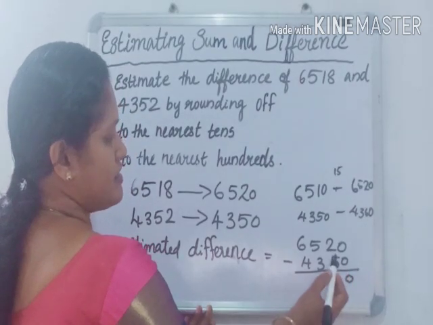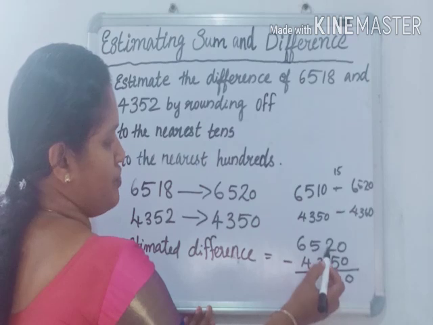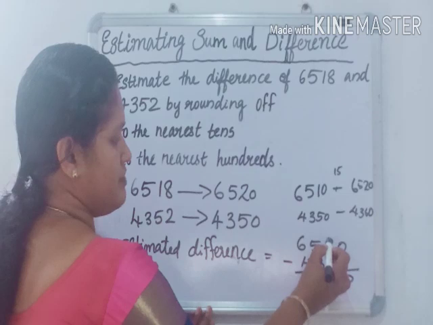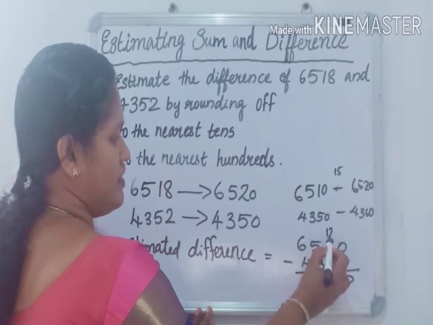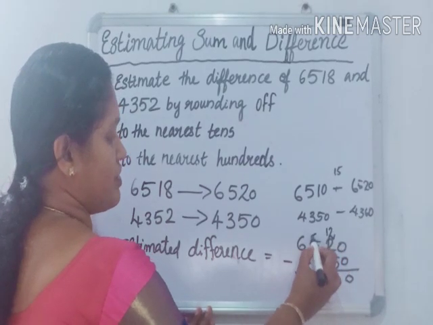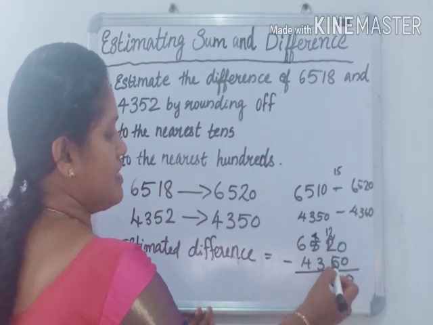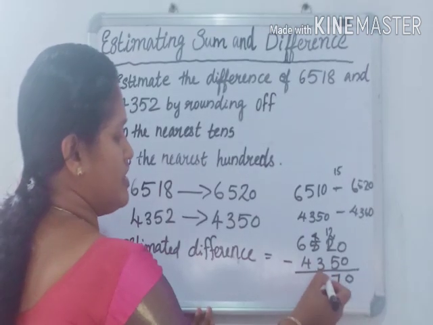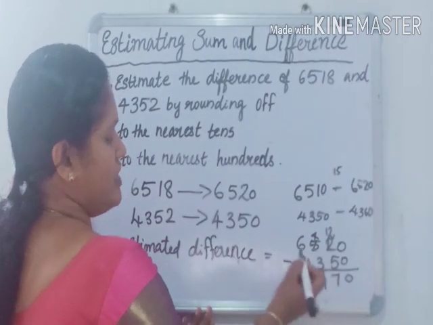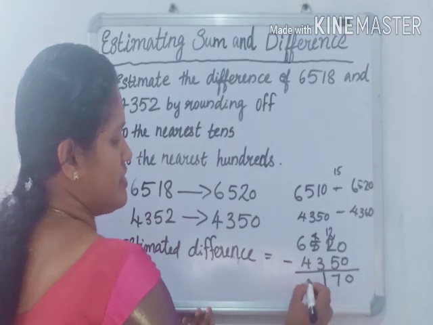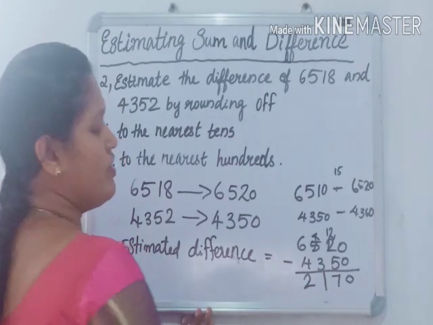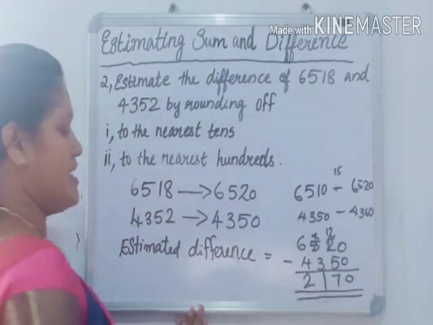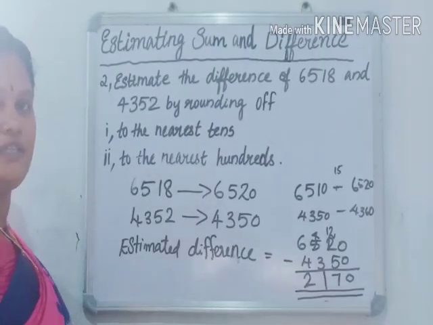We can't subtract 5 from 2. So what will we do? We have to borrow 1 from the next place. So this 2 becomes 12. This 5 becomes 4. 12 minus 5 equals 7. 4 minus 3 equals 1. 6 minus 4 equals 2. Clear? 2170 is the estimated difference.